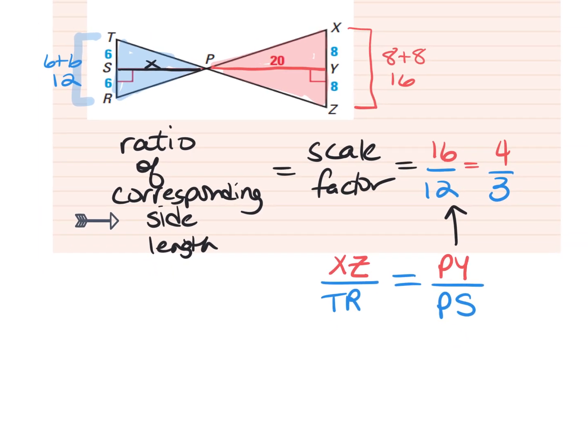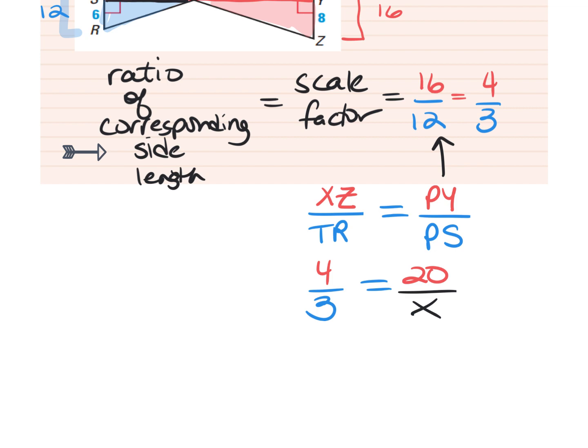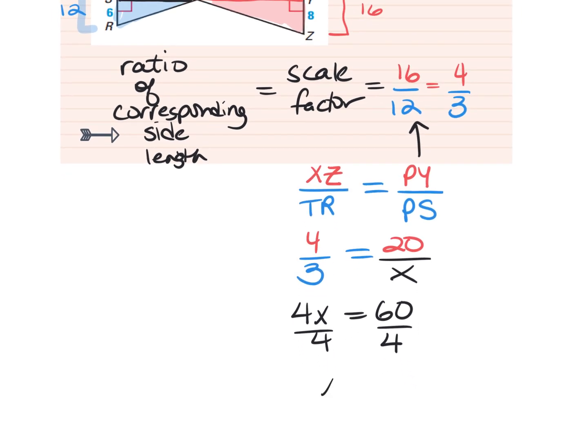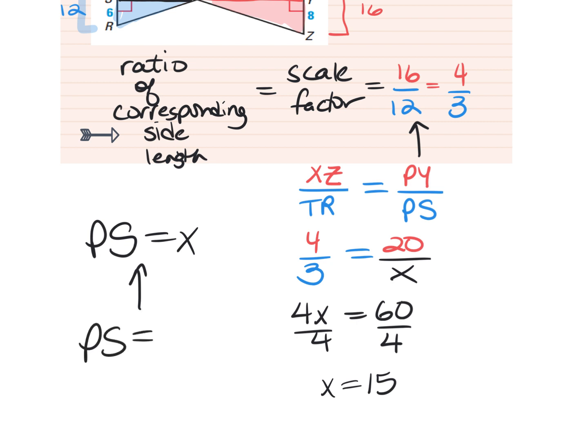So let me fill in my numbers. So I already simplified the XZ over TR. That was my 4 to 3. The length of PY is 20, and I don't know PS. That's what I'm solving for. So now I'm going to cross multiply. I get 4 times X, 3 times 20, divide by 4, and X equals 15. And I had stated that X was going to be the length of PS. So PS is equal to 15.